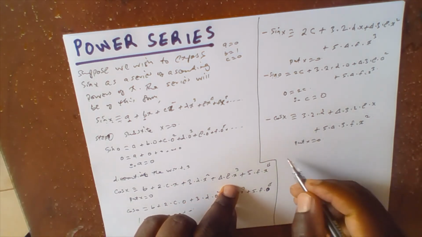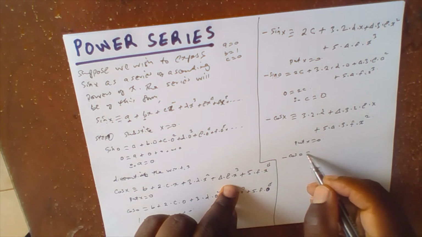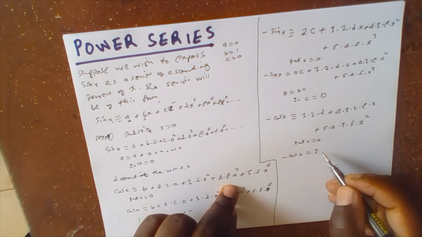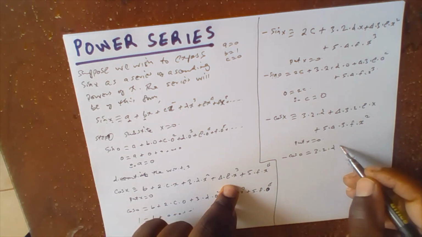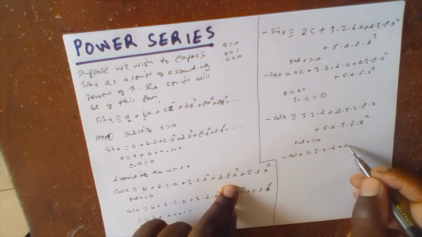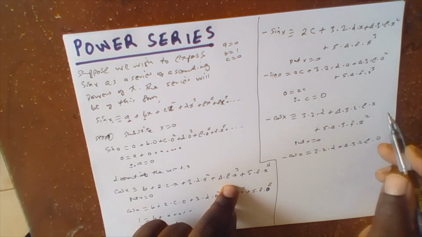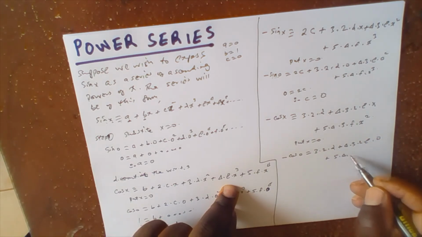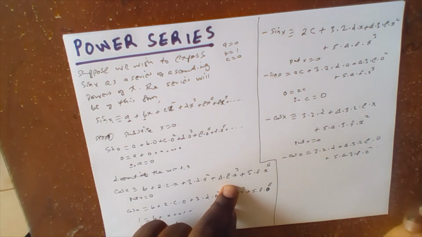So here we have negative cos 0 equals to 3 times 2 times d plus 4 times 3 times 2 times e times 0, then plus 5 times 4 times 3 times f times 0 squared.